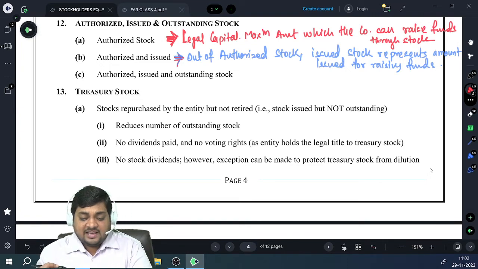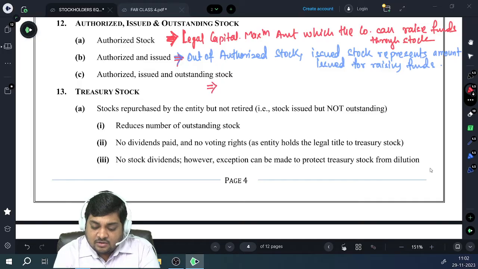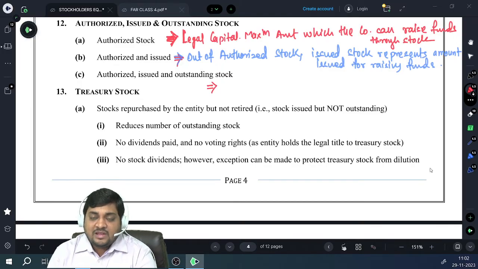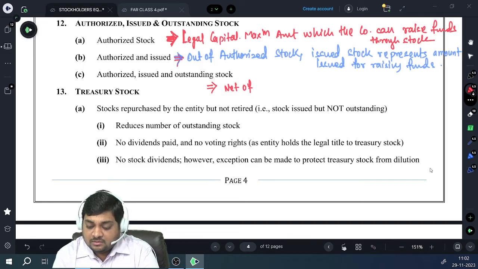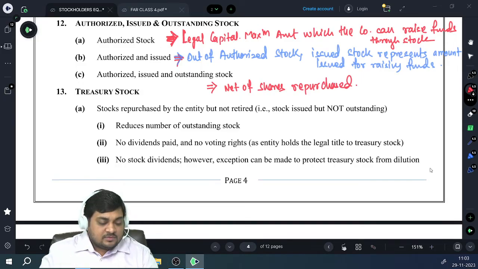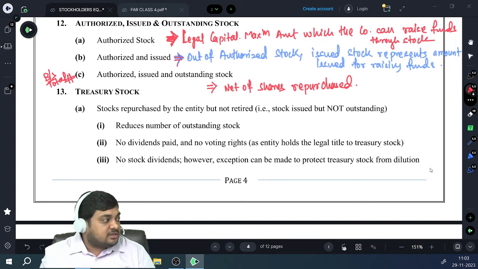So and next thing is what is authorized, issued and outstanding, right? So there might be a case that you might have repurchased some of your stock and retired, so that one will be subtracted, right? So this is net of shares repurchased, right? So this is the balance sheet total. This comes under the balance sheet.